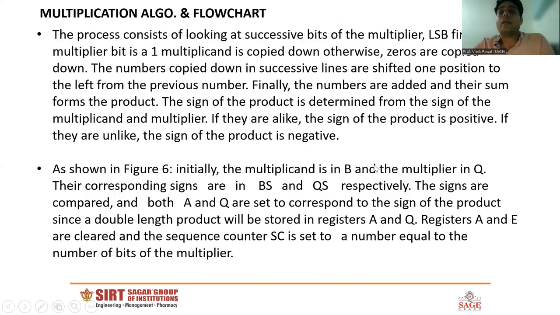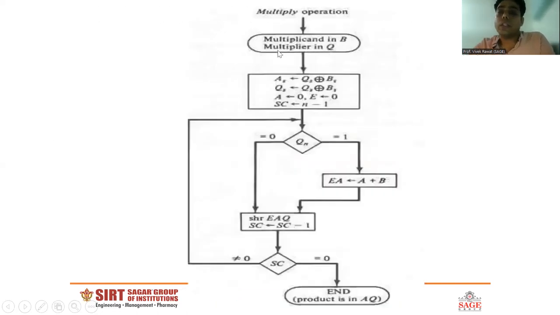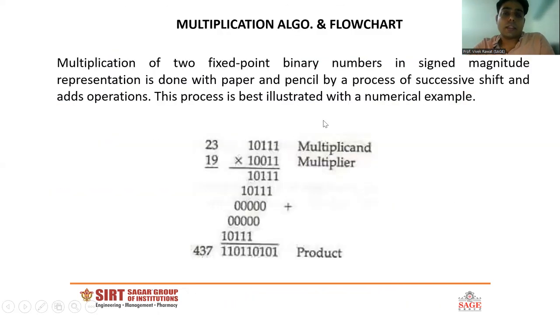So in this diagram, you can see the Q. Q is the multiplier. Okay. So what is the multiplier in this example? 19 is the multiplier. So 19 will be saved in the Q register, so the Q register has the value 10011. So this one is the Qn here.